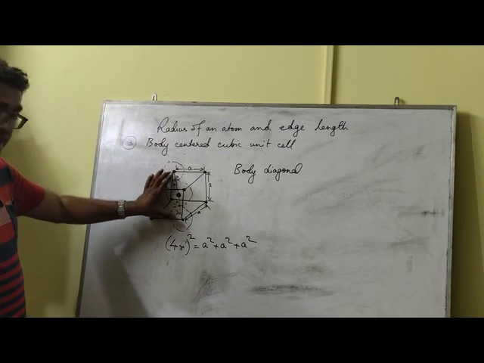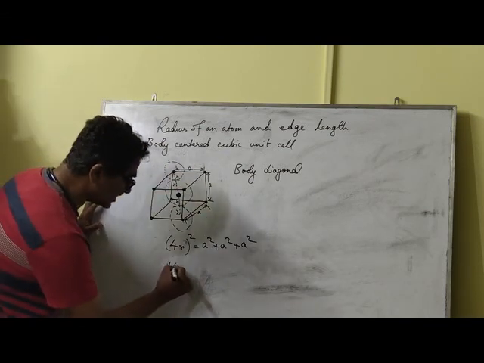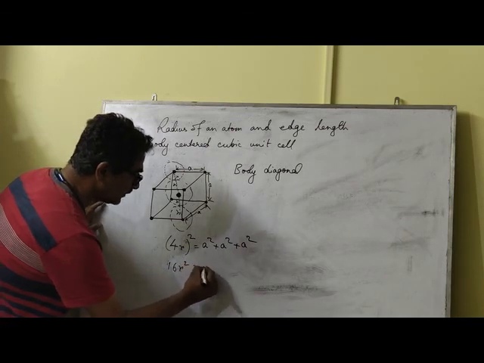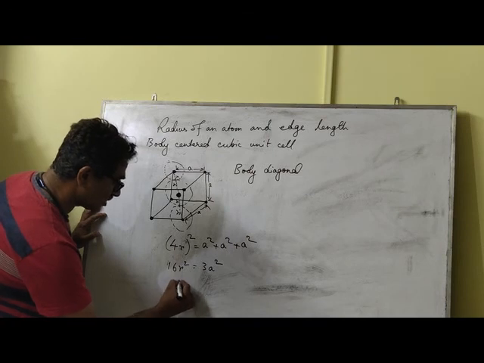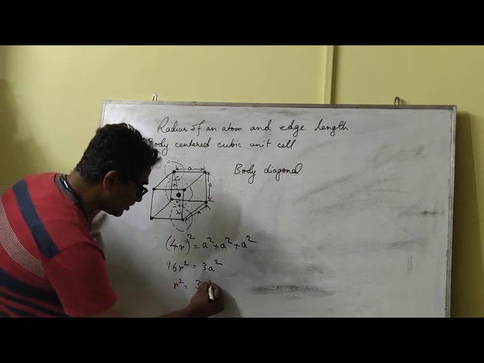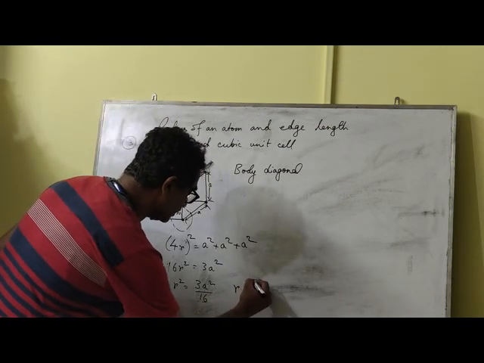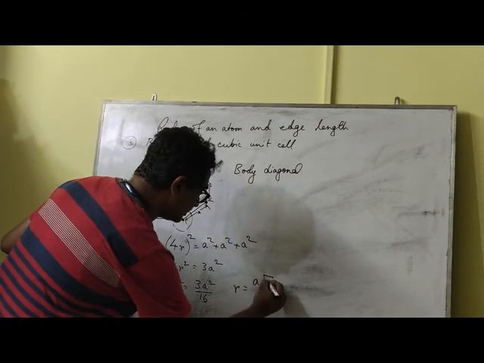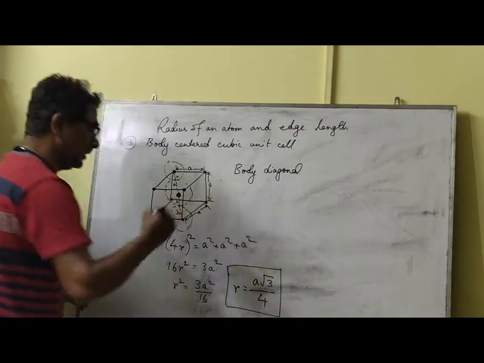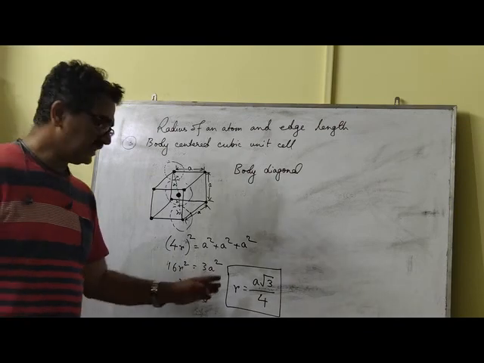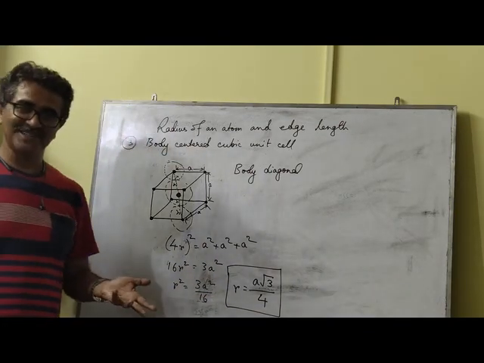So how much do we get? 16r square equals 3a square. So r square equals 3a square by 16. So here what we get? r is equal to a root 3 by 4. So that's the relationship between the radius of the atom and the edge length in a body-centered cubic unit cell. That's it. Isn't it very simple?